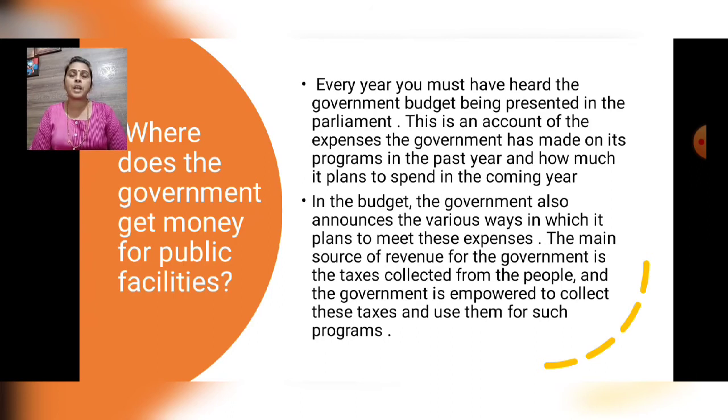It was started in the year 2017 to 22. In each 5-year plan, the concentration is given to one particular area. In the first 5-year plan, 1951 to 56, the entire concentration was given to the production of crops.